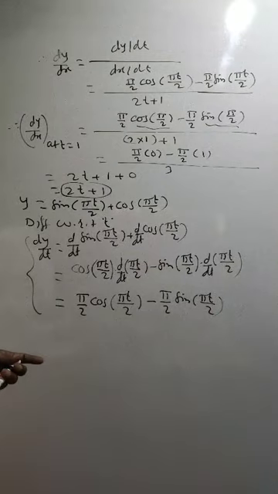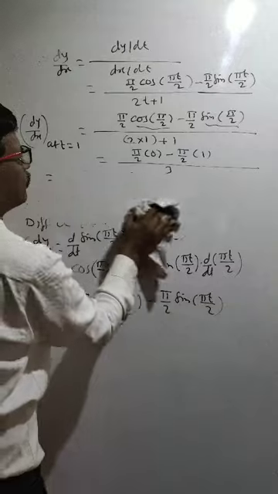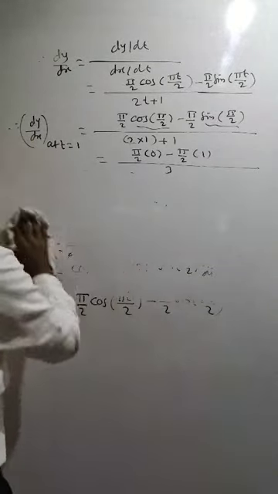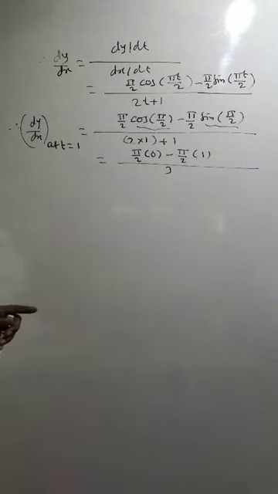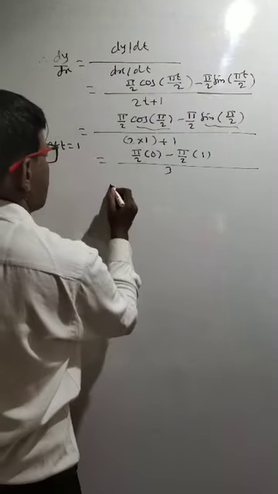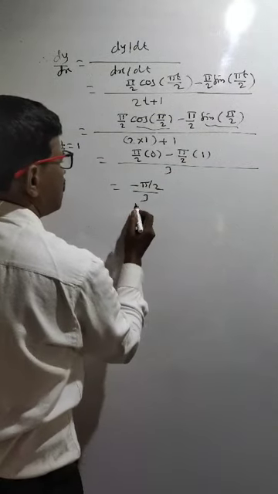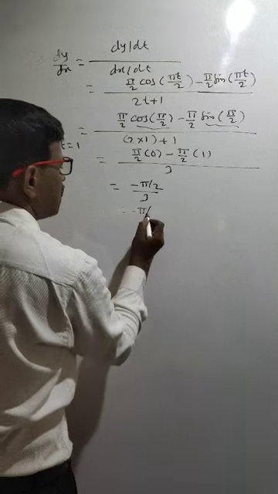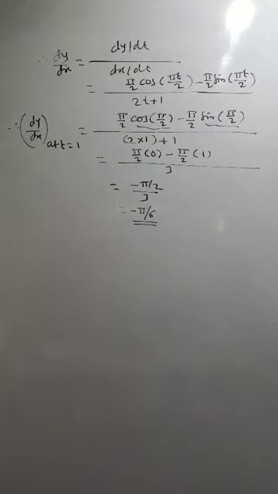Now after simplification we get 0 minus pi by 2 upon 3 equal to minus pi by 6. Minus pi by 6. Pause the video and write down this solved example in your notebook.